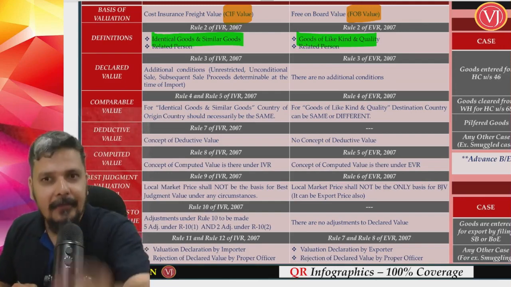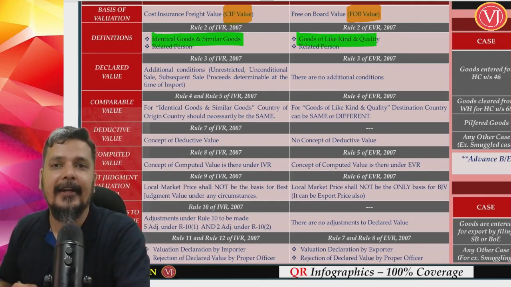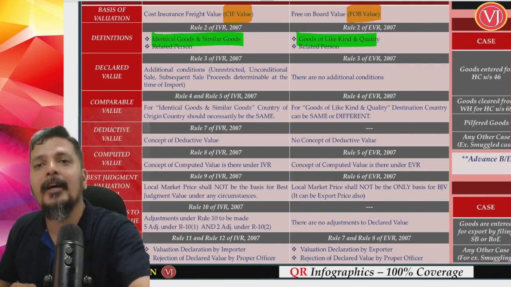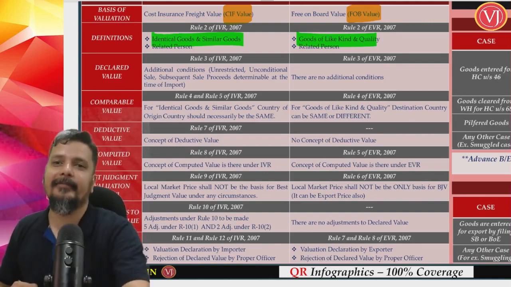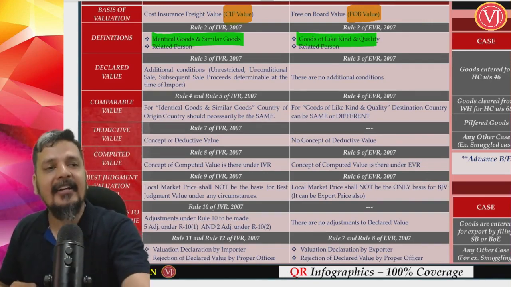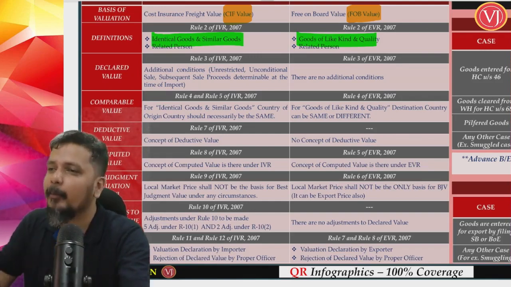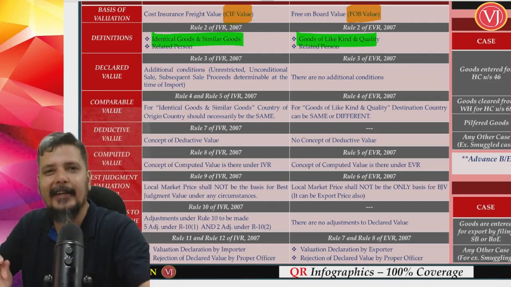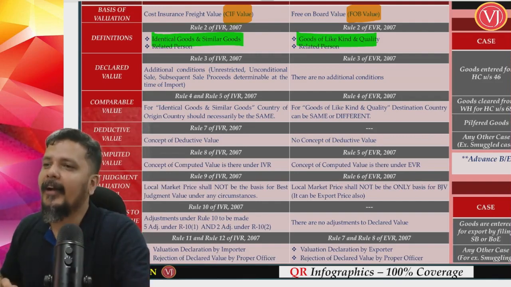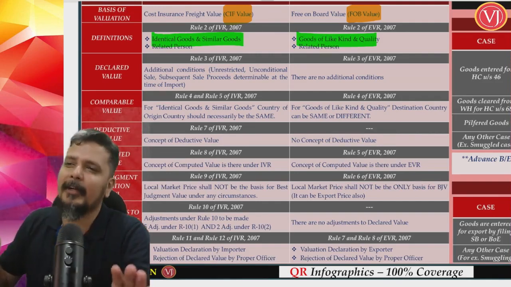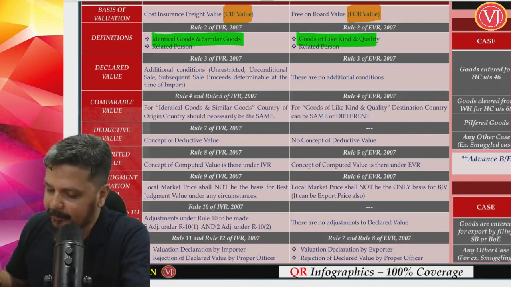And by the way, when you refer to the definition of goods of like kind and quality, they use the term identical or similar. In the GST Act itself, they use the term identical or similar. They are trying to make it more simple. No need of identical, no need of similar. We'll go with a simple term, goods of like kind and quality.